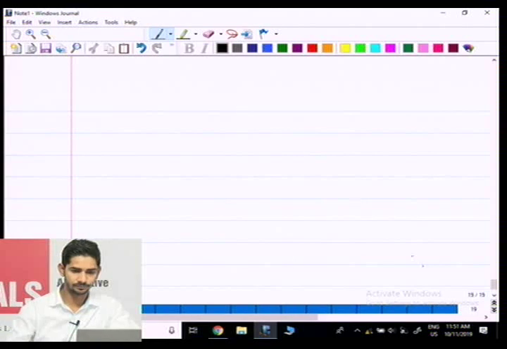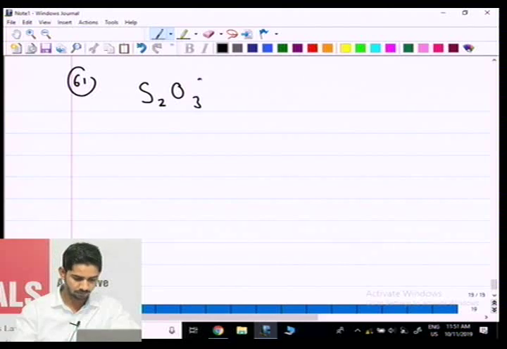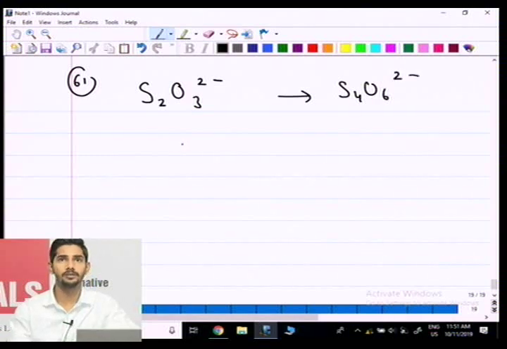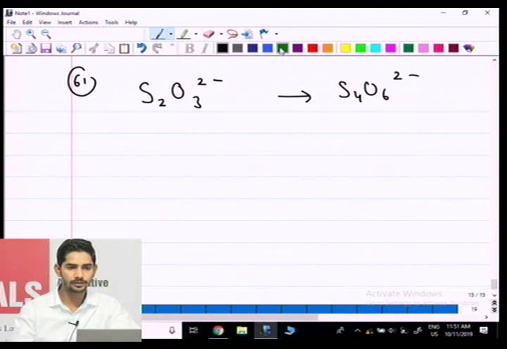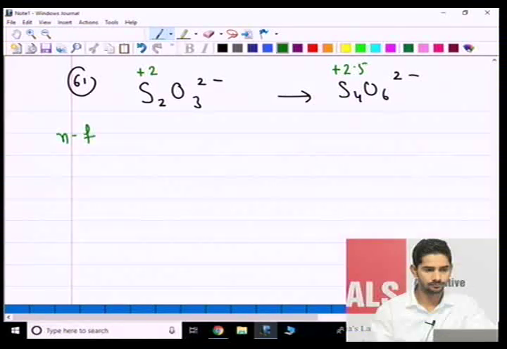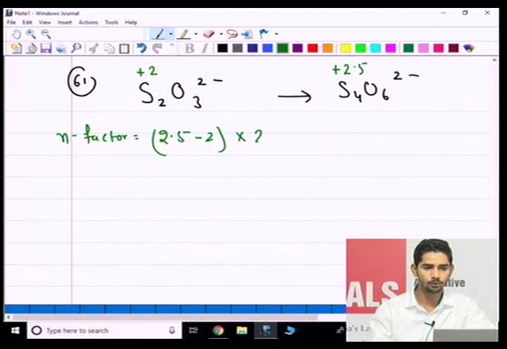Question number 61. S2O3 2 minus is giving you S4O6 2 minus. First of all, calculate the oxidation state of the sulfur. Here it is +2, where in this compound it will be +2.5. Calculate the N factor. 2.5 minus 2 into 2.